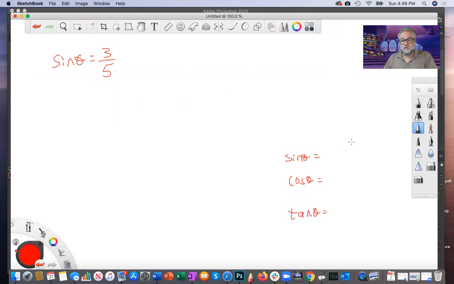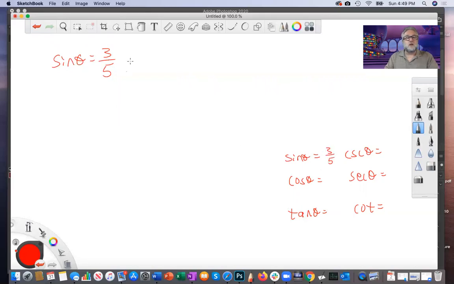Which is the 1 over sine? Is that secant? No, it's cosecant. And 1 over cosine is secant. And 1 over tangent is cotangent. Okay, that one at least makes sense. So I've got to find all of these, and I know sine is 3/5.